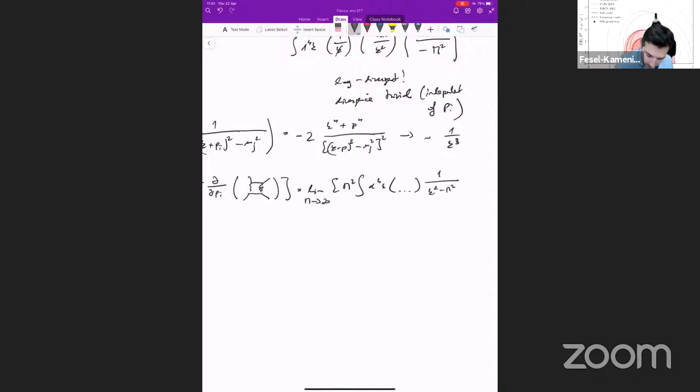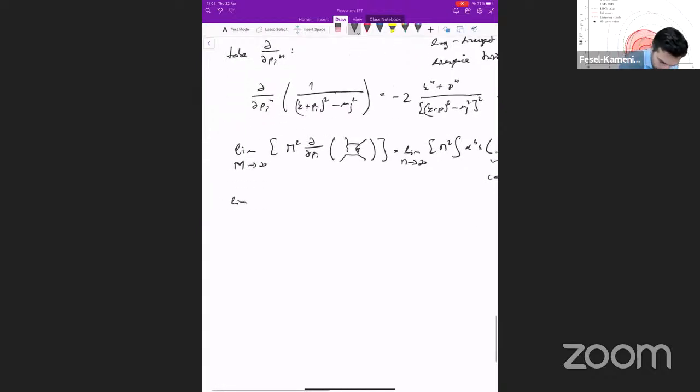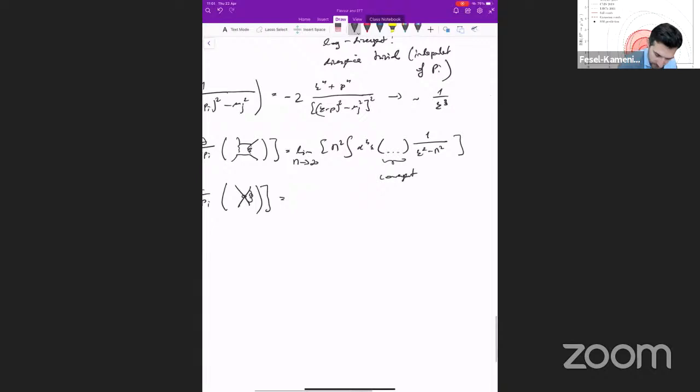Once we've differentiated, this rest is actually convergent on its own. And we can do the same limit in the effective theory now for this diagram: m squared times the once-differentiated amplitude in the effective theory. And let's consider what happens.